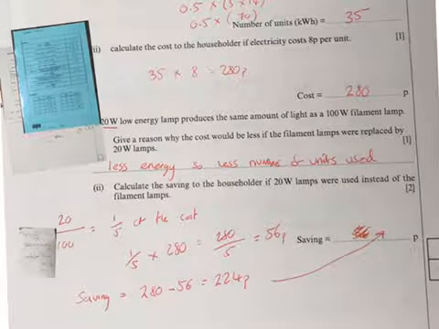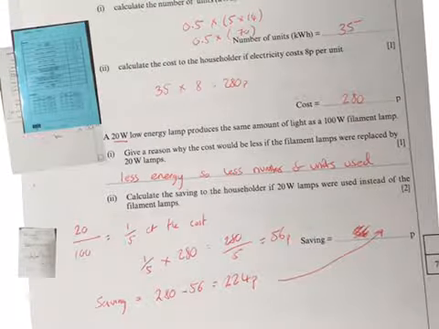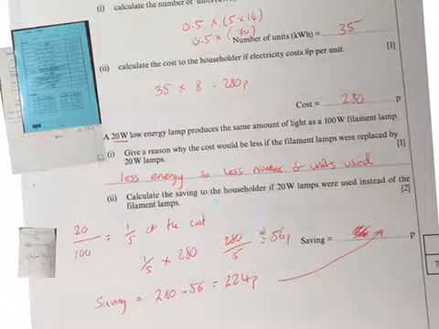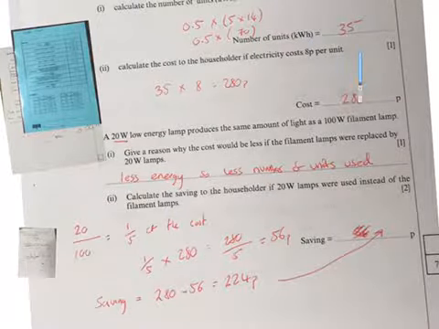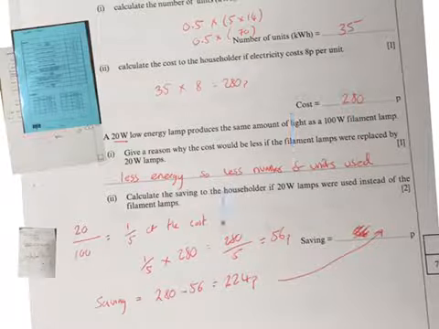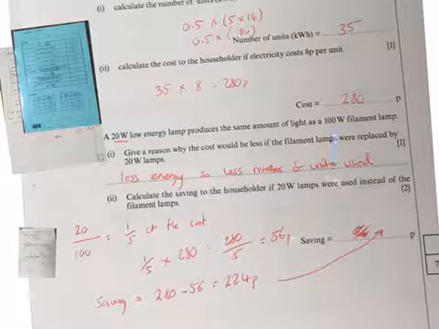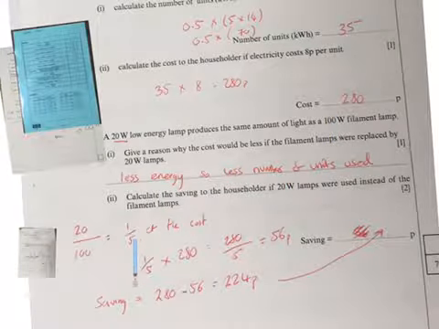Calculate the savings of the householder. Now, when it says savings, you're probably going to be subtracting one from the other. So let's work it out for the 20 watt one. You can do it two ways really. You can work it all out again and then deduct one from the other, or I've recognized here that 20 watts is 1/5 of the 100 watts. 20 watts goes into 100 five times, so it's 1/5 of the cost.